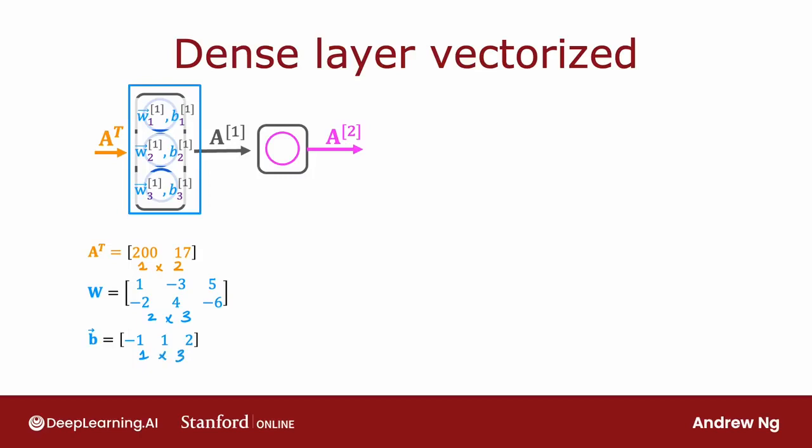Then it turns out that if you were to compute Z equals A transpose W plus B, that will result in these three numbers.